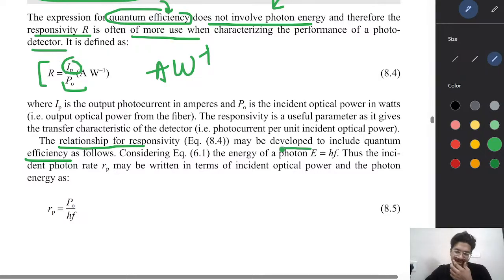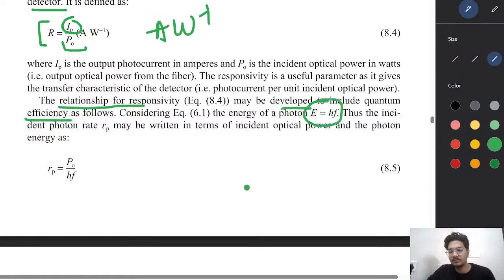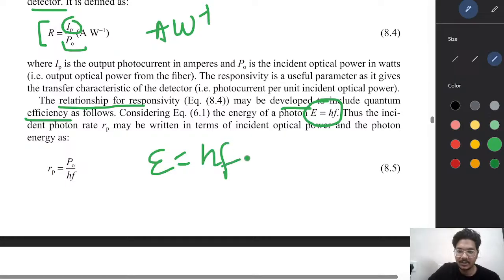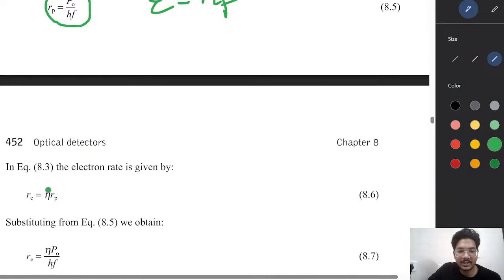The photon energy is E = hf. The photon rate is equal to P0 divided by hf, and the electron rate is equal to eta times P0 by hf.